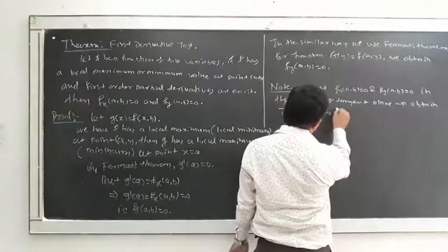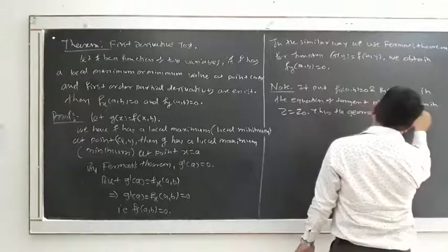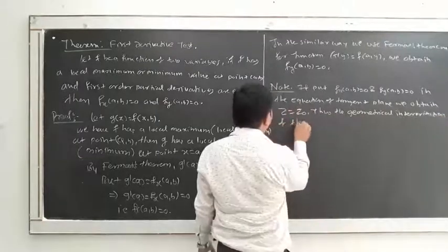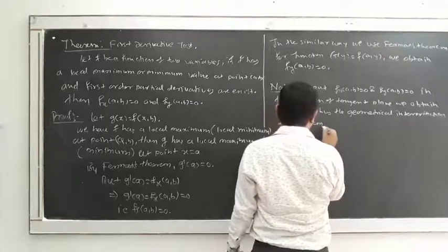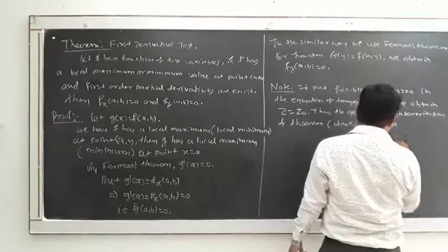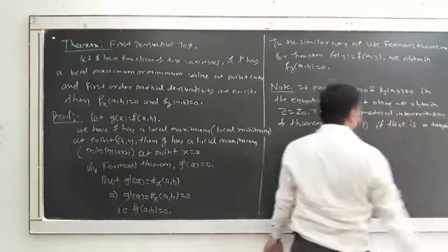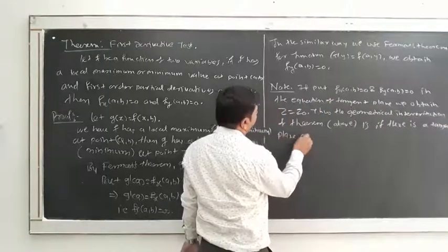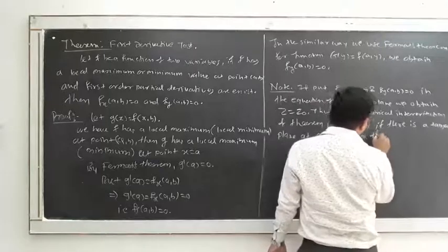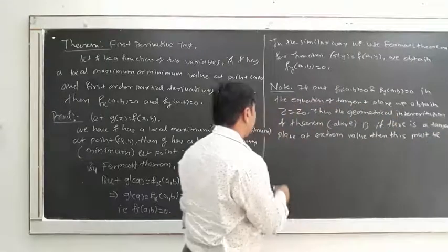Thus the geometrical interpretation of the above theorem is that if there is a tangent plane at an extreme value, then this must be a horizontal plane.